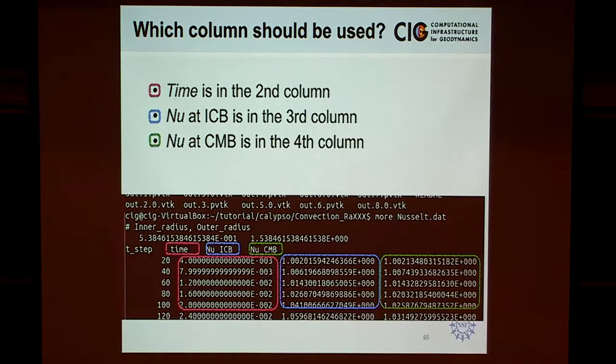Has everyone found the nusselt.dat? Okay. If we look at the inside of nusselt.dat with a more command, it's simply a text file: time steps, time, Nusselt number at the inner core boundary, and Nusselt number at the outer core boundary. Very simple.